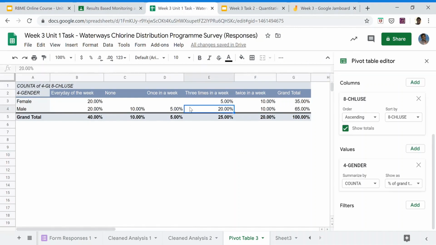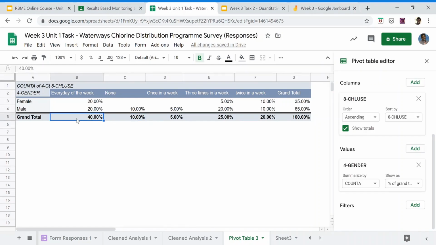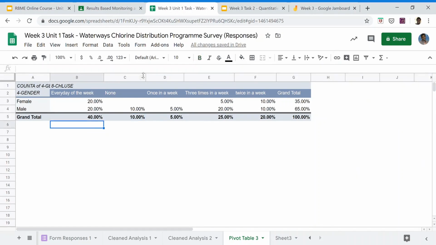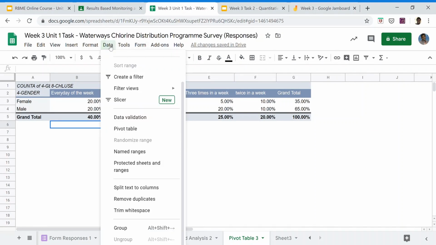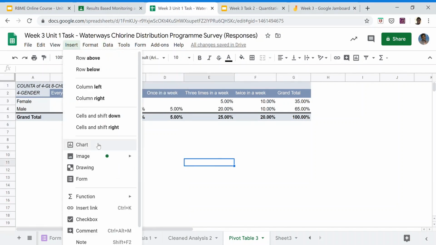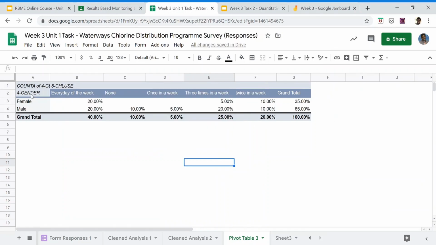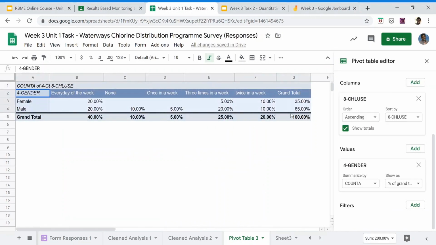One good thing about this is that you can go to data, and you can insert your chart also. Skip that, delete chart. Let's take all this, right?